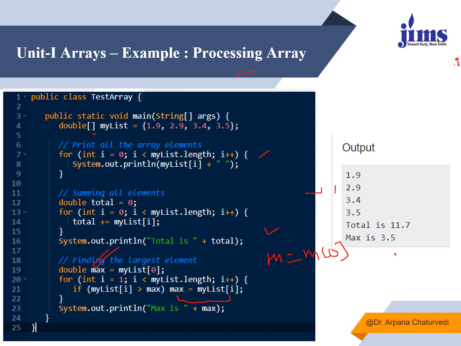If mylist[i] is greater than max, it means this one is greater, this is smaller. So I initialize max with this value, and we keep on doing this. At the end we will have the largest value in the array. So we have seen how the processing in Java can be done within an array, and I hope you understand. In case you didn't understand, just leave a message in the description box, I'll help you out.